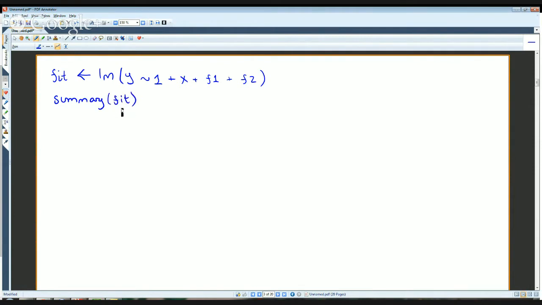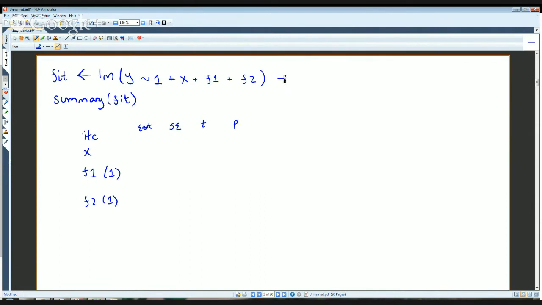What you're going to get is an output that has your intercept, which we don't necessarily care too much about in most cases unless we've centered our x's. Then it's going to have x, with the coefficient estimate, the standard error of the estimate, the t-statistic and the p-value. Then, since f1 has 2 levels, let's say 0 and 1, it's going to say f1 1, and then f2 1.